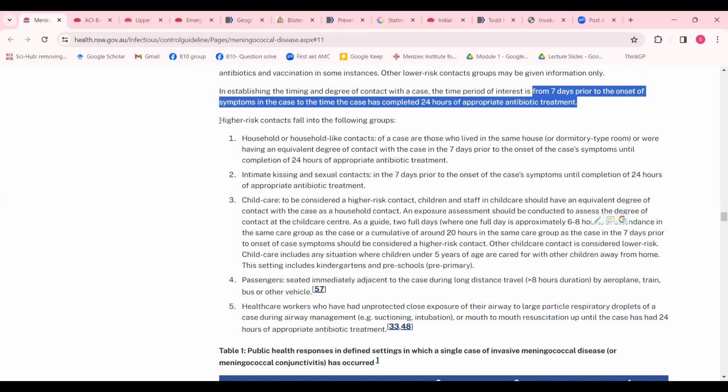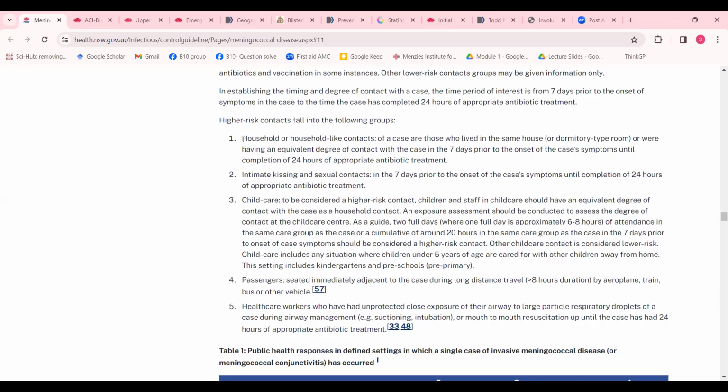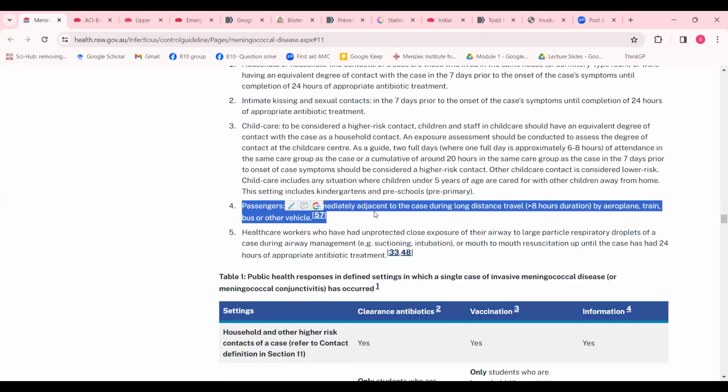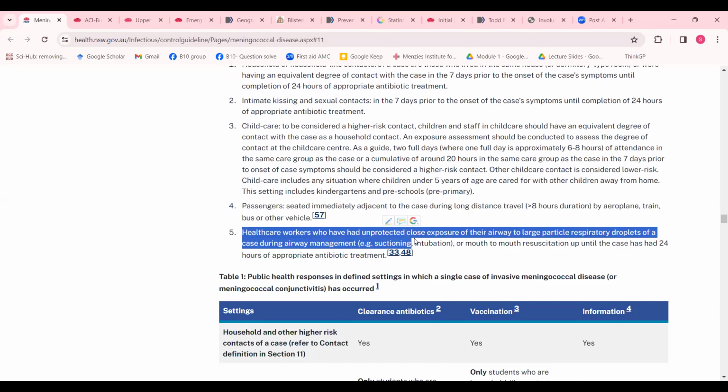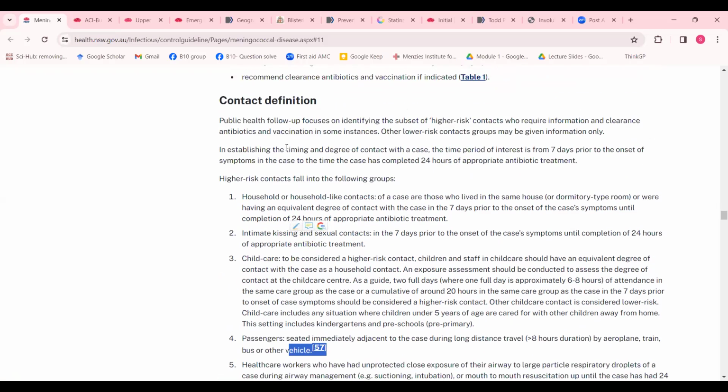In a nutshell: household or household-like contacts who lived under the same roof; intimate kissing and sexual contacts; childcare contacts; passengers seated immediately adjacent to the case during long distance travel, ideally more than 8 hours by aeroplane, train, bus or vehicle; and healthcare workers who have had unprotected close exposure of their airway to large particle respiratory droplets of a case during airway management, especially suctioning, intubation, mouth-to-mouth resuscitation. So these 5 are considered the high-risk contacts.